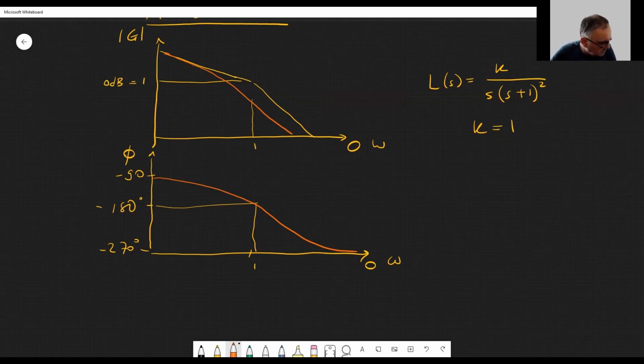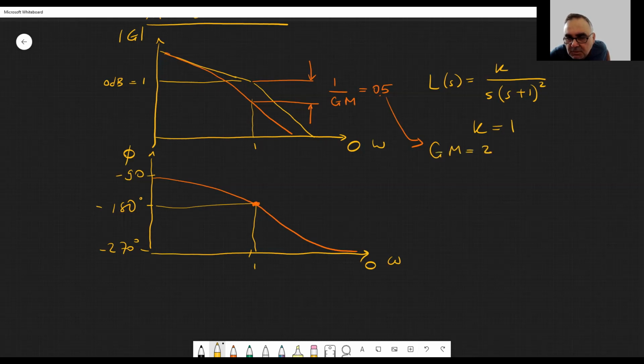so what we get here is when the phase is 180 degrees, we go up, and what we see here is 1 over the gain margin, which is equal to 0.5, from which we get that the gain margin is equal to 2 here, okay?